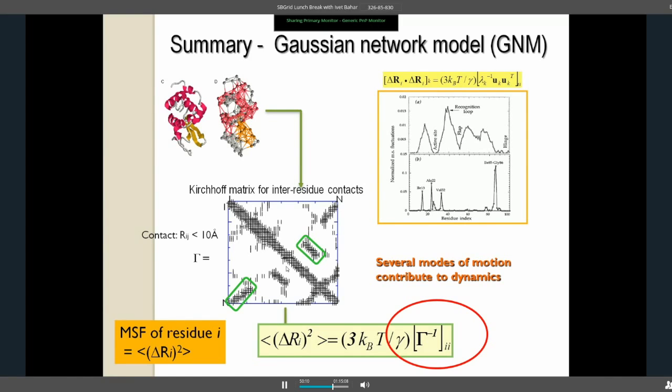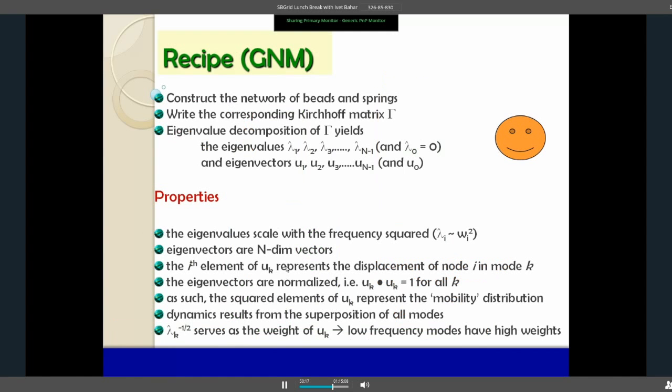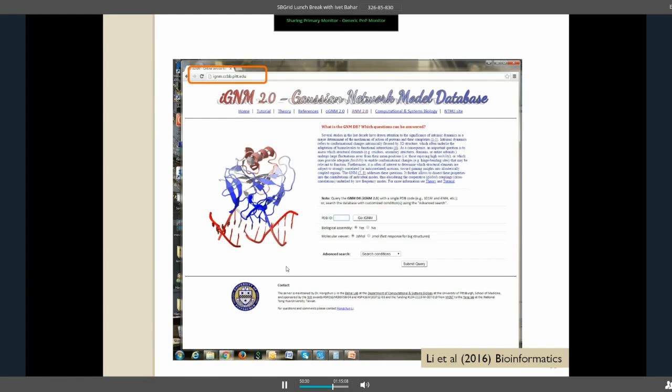So that is the overall summary. And here's the recipe. Actually, you can find this type of information on the web, on our GNM site or in ProDy.